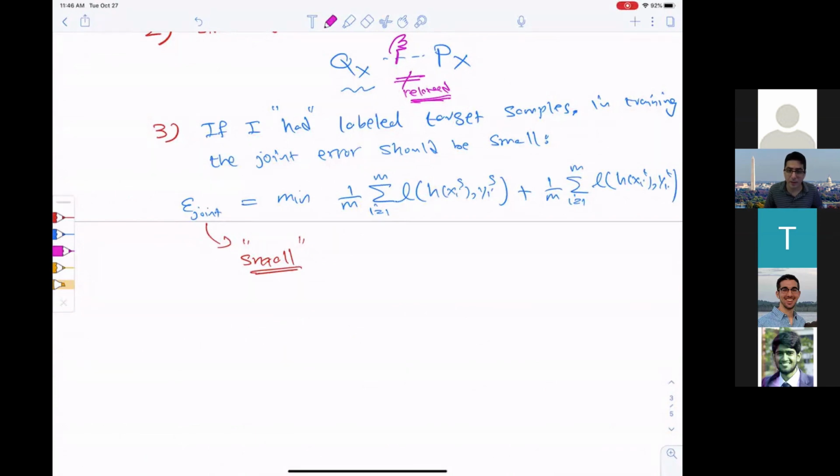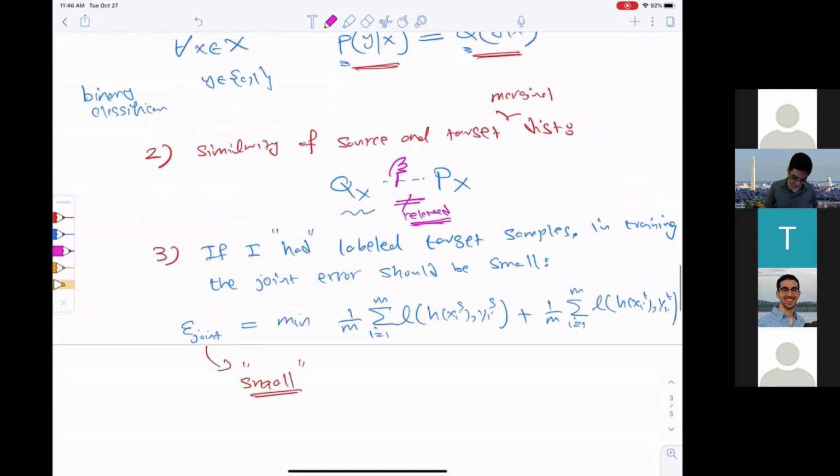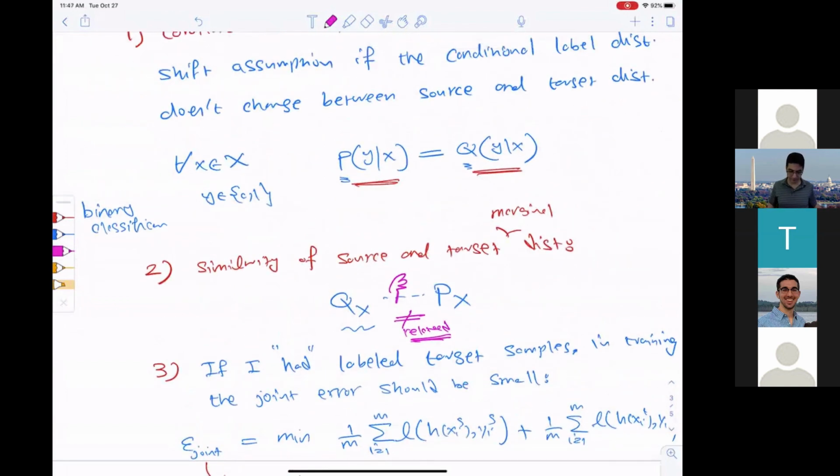Okay, Mazda, do you want to unmute yourself and ask your question? Sure, yeah. My question is that if we assume the conditional probabilities to be the same, it's similar to assuming the probability of a class given X is the same for our source and our target. Then why are we not just using that?